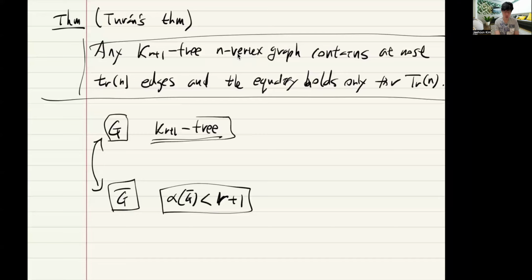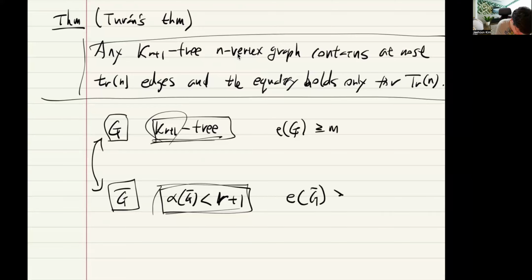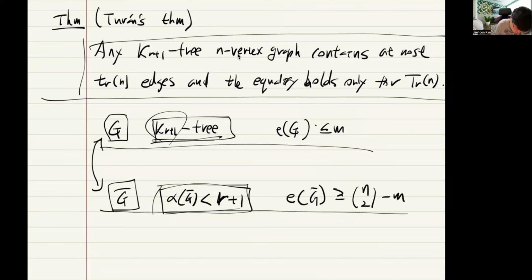So having this subgraph, which is a complete graph, translates into a statement about independent sets in its complement. And if the number of edges is at least m, then in its complement, its number of edges is at most this, which is n choose 2 minus m. So you have this relationship between G and G complement.